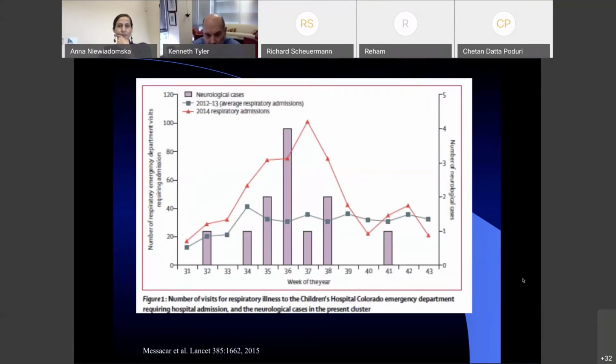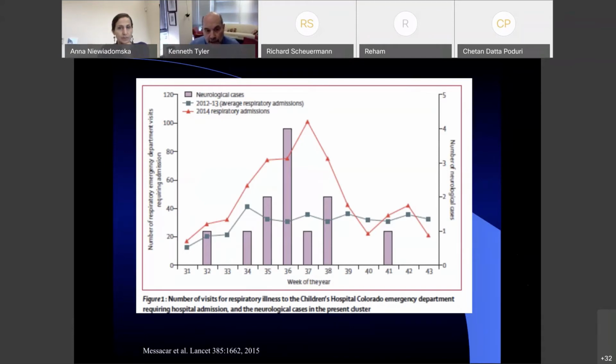We already had a little bit of a foreshadowing or a clue as to the epidemiology because this occurred in the midst of a surprising and new emergent outbreak of respiratory infections in children that was subsequently shown to be caused by Enterovirus D-68.